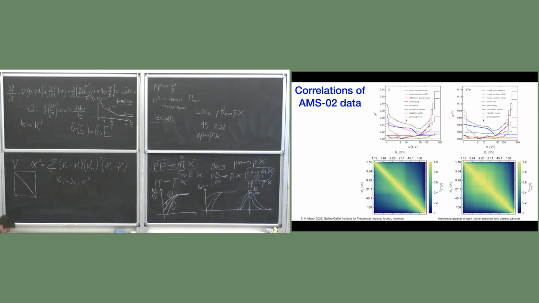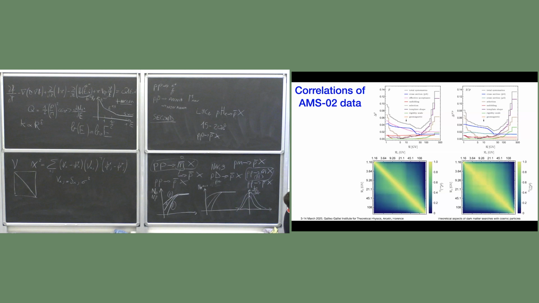There have been papers where they have tried, with very reasonable assumptions, to estimate the correlations between the different data points. And they have found the covariance matrix that you see here. In particular, this one on the left is for antiproton.